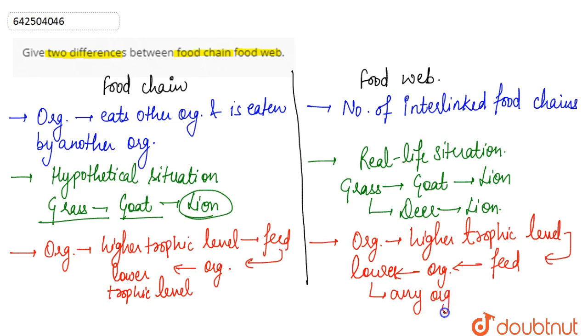So that's the difference between food chain and food web, along with the example.